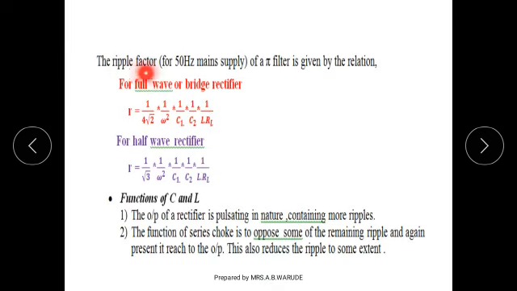Then how to find the ripple factor of this pi filter? It is given by the relation.